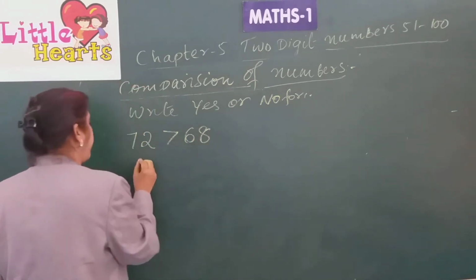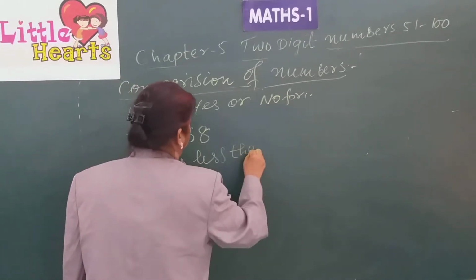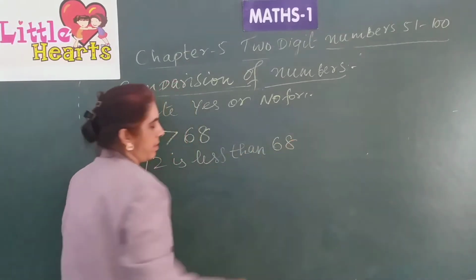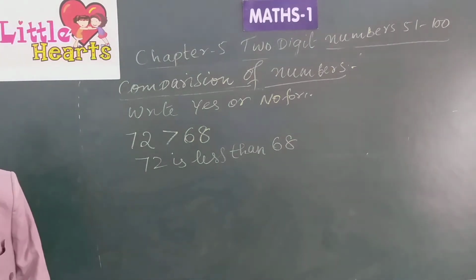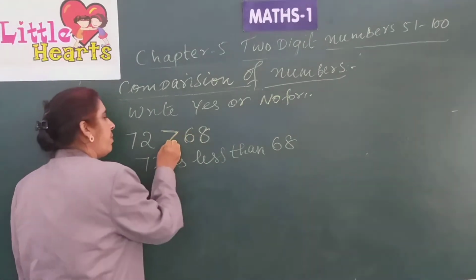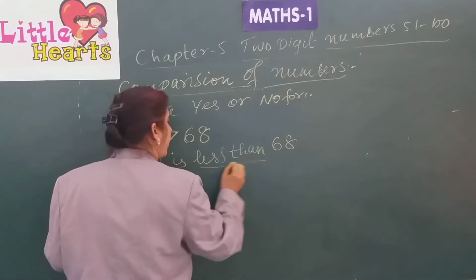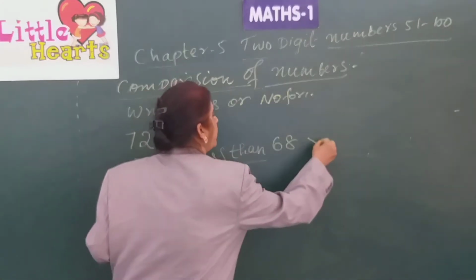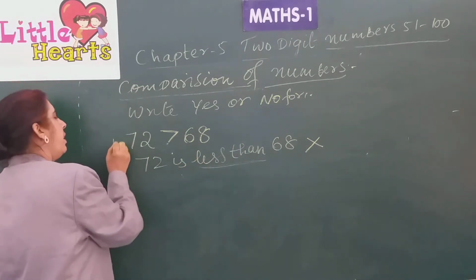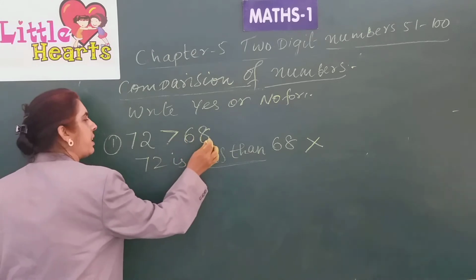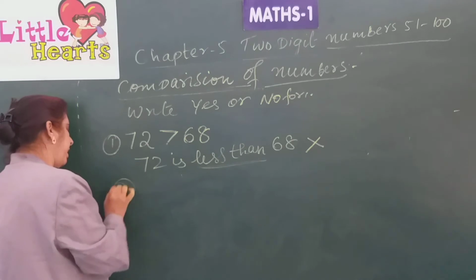From this statement, 72 is less than 68. The symbol is given as greater than, and here it is given as less than. So it is a wrong statement. According to this symbol, it is wrong. 72 greater than 68 is given, and it's written as 72 is less than 68.